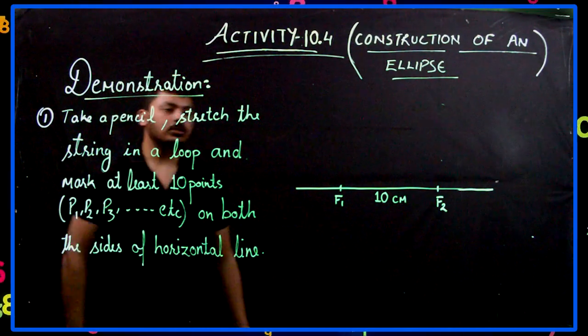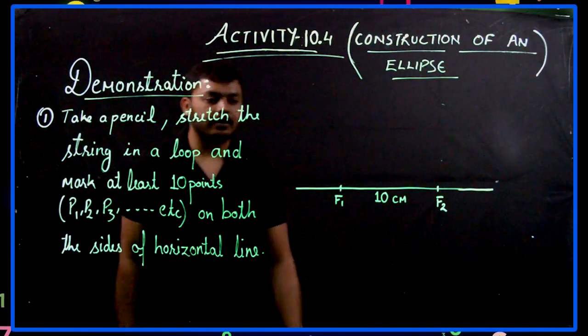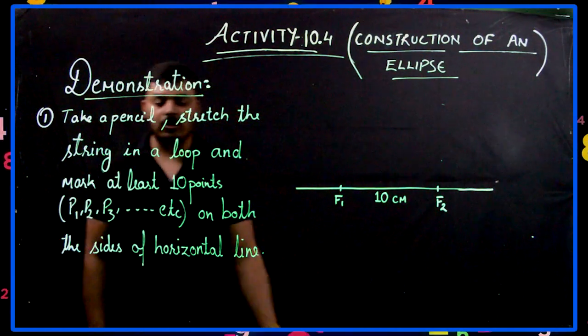So we'll mark the 10 points on either side of the horizontal line, 10 points upside and 10 points downside.